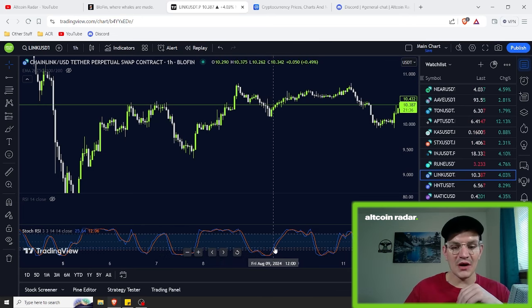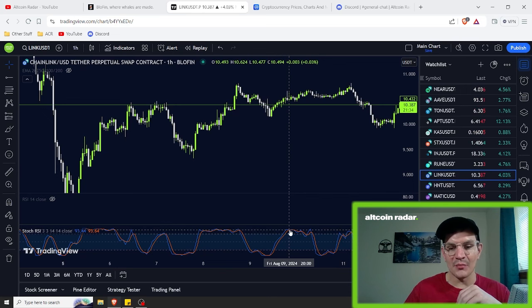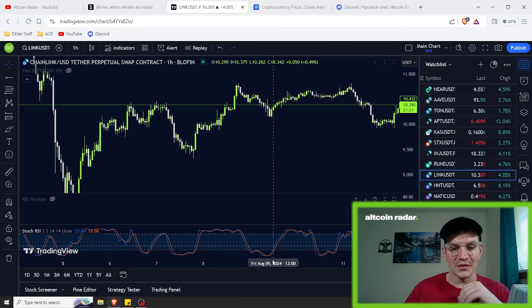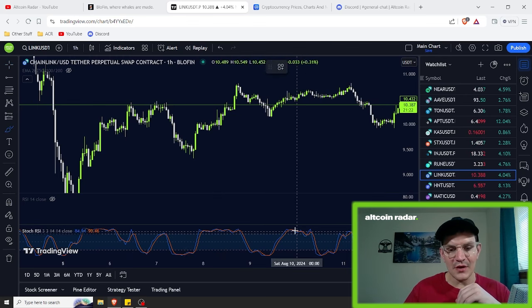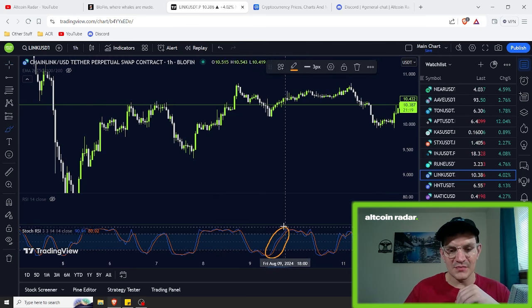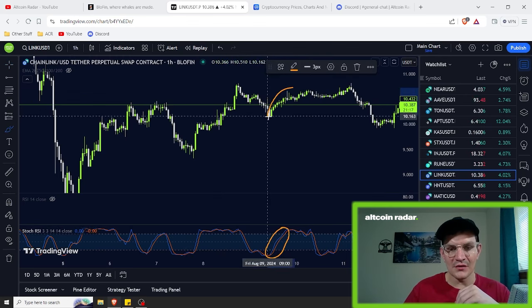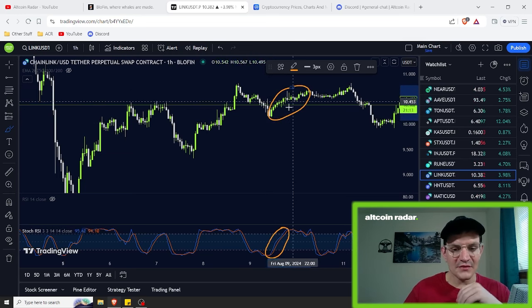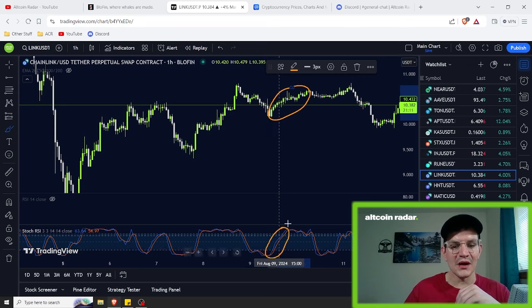The lines ended up crossing, and it started going back upwards, and it rode all the way up to the upside for quite a while before crossing again to start coming back down. And you can see that downslope right in here. But this big upslope right here was all of this right in here. All right, so you could have made profit from that simple upslope right there.